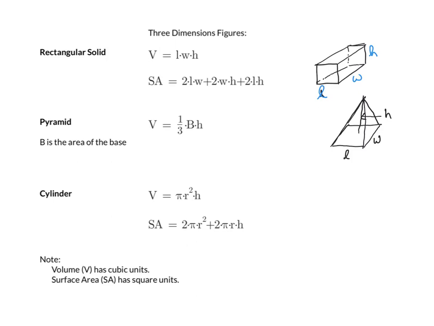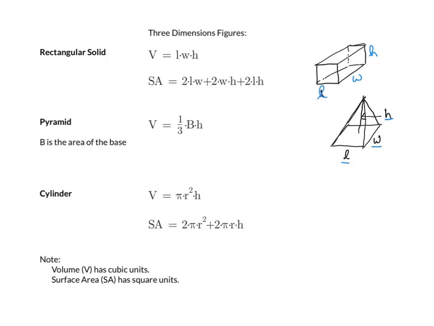We're going to look at a rectangular base. And so to find the area of the base, we're going to use what we've always done to find the area of a rectangle. We're going to multiply length times width. And then we also have the addition of the height and the 1/3. This one we're not going to worry about surface area because surface area gets a little complicated based on what your pyramid looks like.